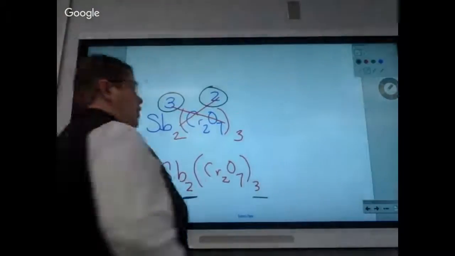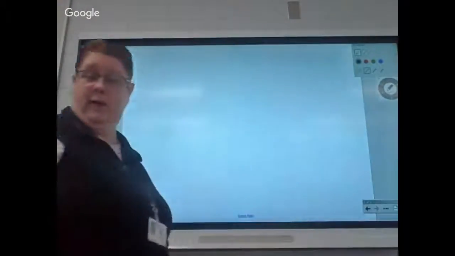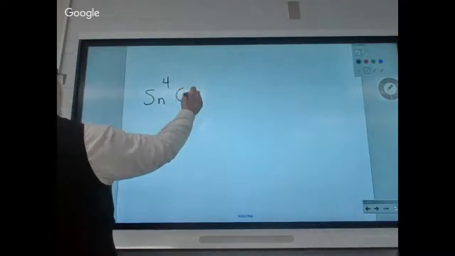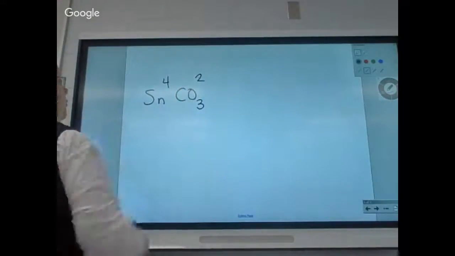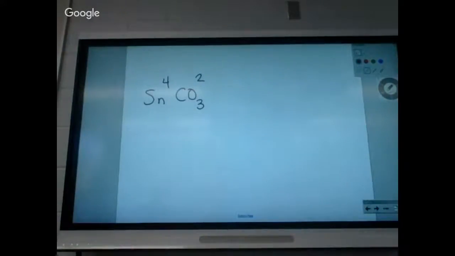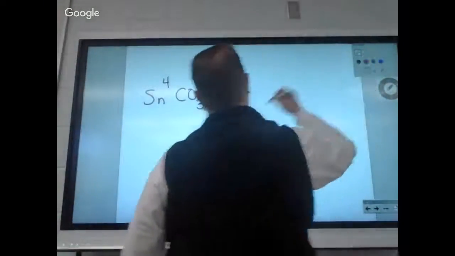If you look at the one that had the carbonate that we were talking about, the one that said tin(4), Sn with carbonate that has a 2, I notice before I ever crisscross, do I need to reduce? Yes. So before I even crisscross, I know I need to reduce.